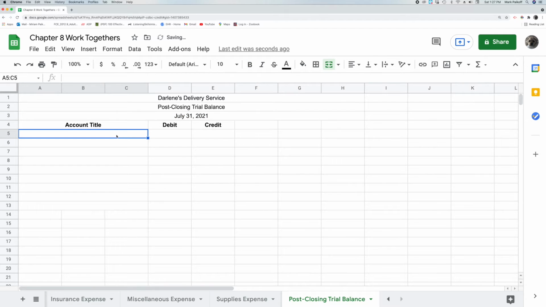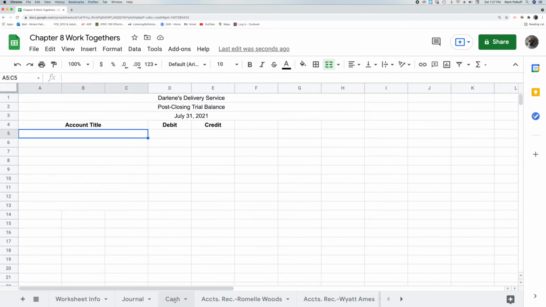The next thing that we're going to do is, using the information from the ledgers, we're going to put in the account title and then record the amount in either the debit or credit column. So the first account that's going to go on our post-closing trial balance is going to be cash.